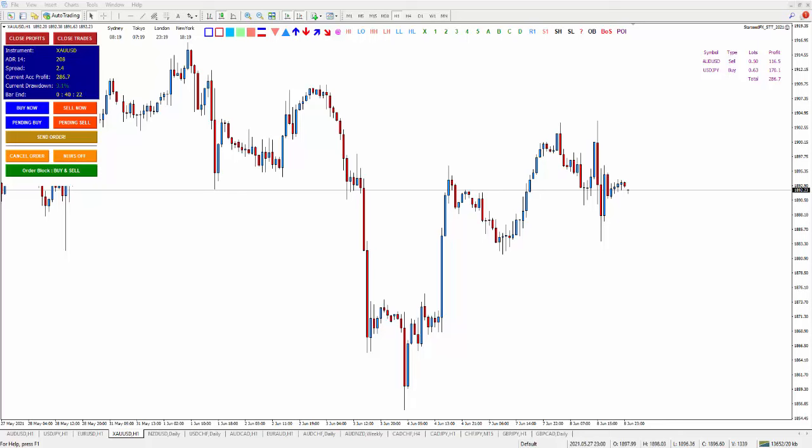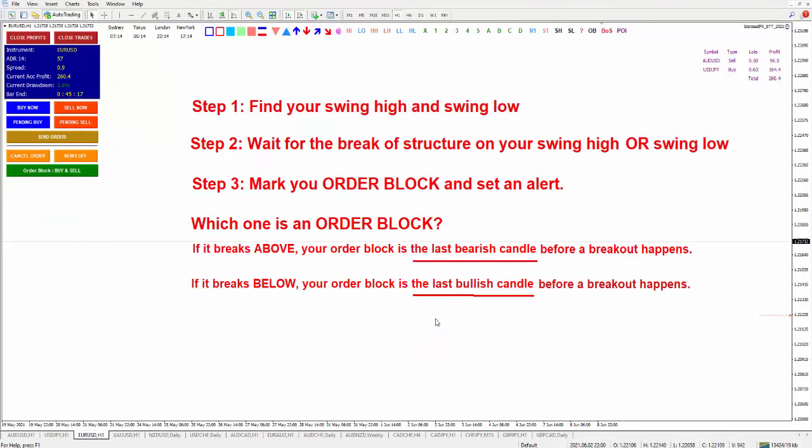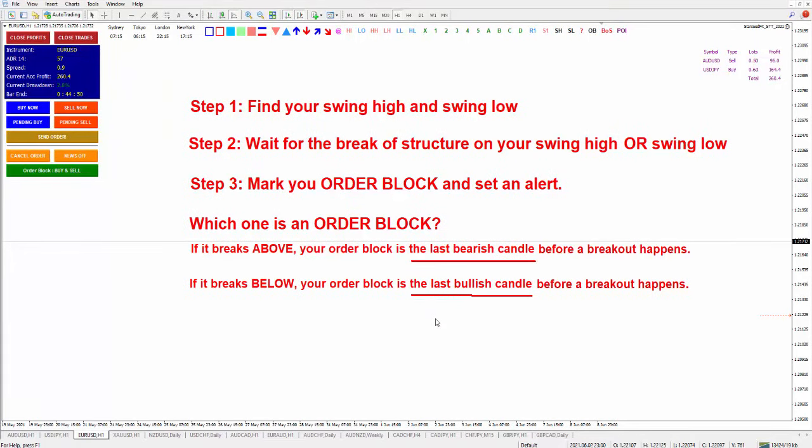So what you have to do if you want to trade an order block, you just need to follow these 3 rules. Step 1, find your swing high and swing low. Step 2, wait for the breaks of structure of your swing high or swing low. Step 3, mark your order block and set an alert. Which one is an order block?